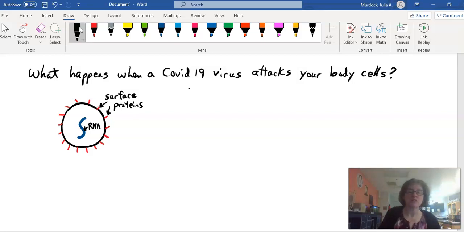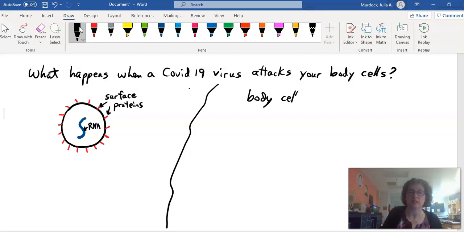Okay, so then let's draw the size difference between one of your body cells in your respiratory tract, that a coronavirus would attack, and the virus itself. There's a huge size difference. So let's say this is the cell membrane here of one of your body cells, specifically a body cell lining your respiratory tract, the inside sinus mucous membranes down into your lungs, the epithelial lining of your lungs.